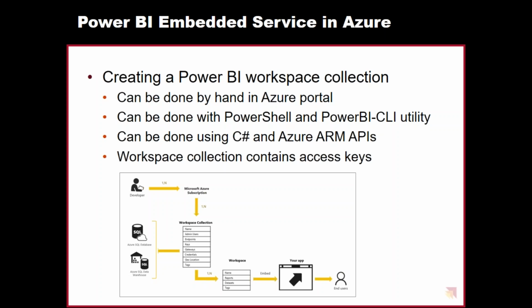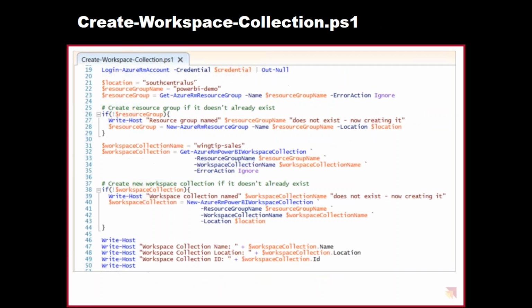Okay. Now also, I pointed out that a workspace collection has access keys. The idea is you have 2 keys, so you don't hand out the first one. You can hand out the second one, and then if the key gets compromised, you can change it. But as long as you always have 1 key, you can get inside there. Now, what we just looked at was using the PowerShell commandlets for PowerBI embedded, and they allow you to create workspace collections.